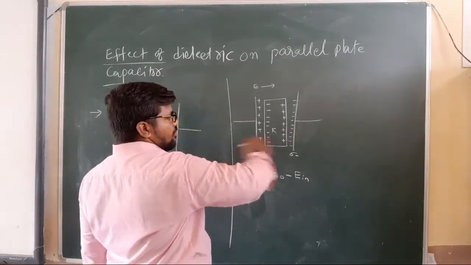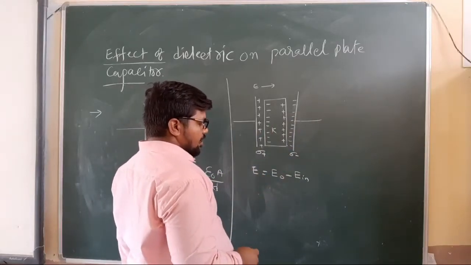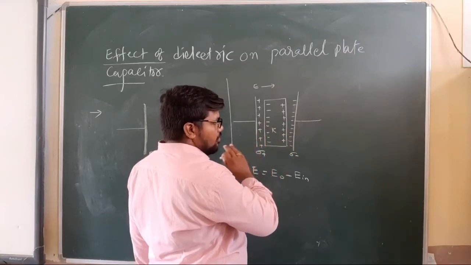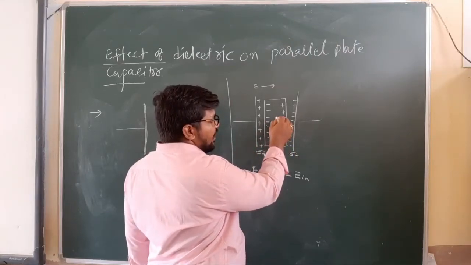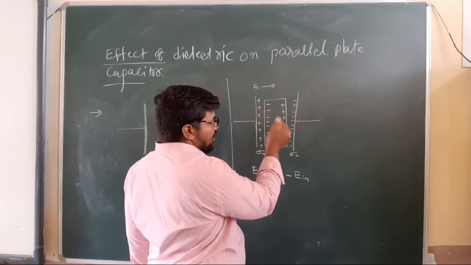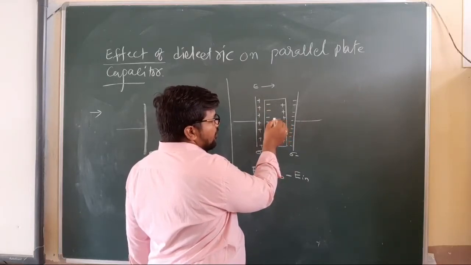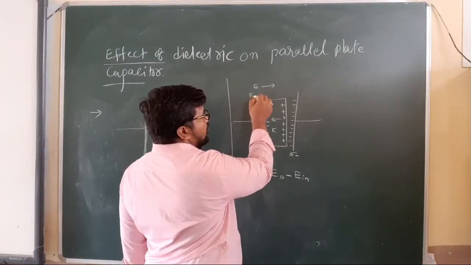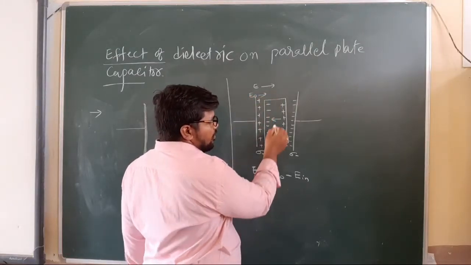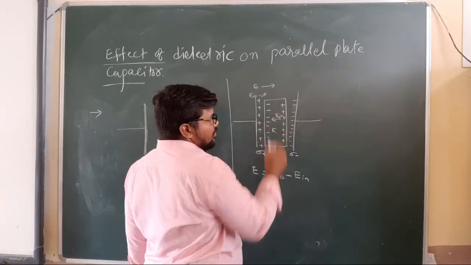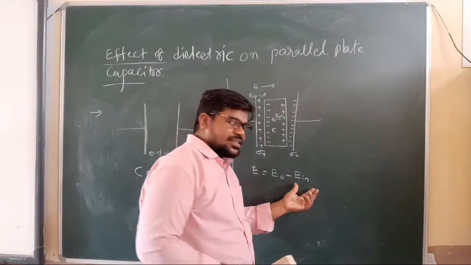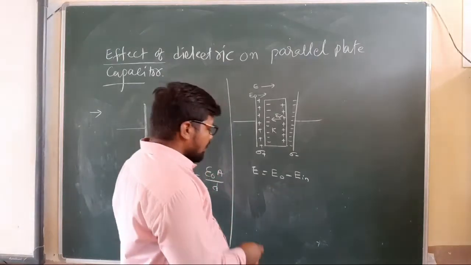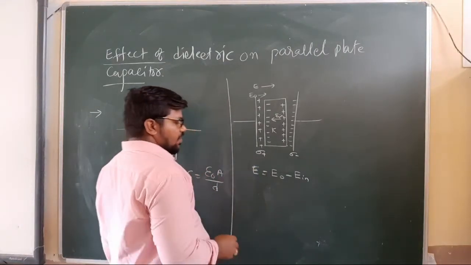Due to the electric field, inside the dielectric medium some electric field is produced which is in the direction opposite to the applied field. This is E inside the dielectric. So this is the reduced electric field.